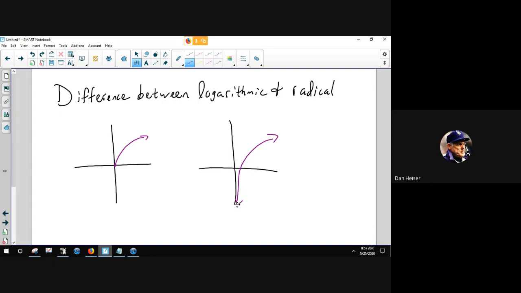Many log values have negative results. So the way we differentiate between radical and log: a log goes forever in two directions. You can have negative values for y. Radical, unless you shift it, will be positive. You cannot have a square root come out negative. Only way you can get a radical graph down here is if you shift it vertically down.